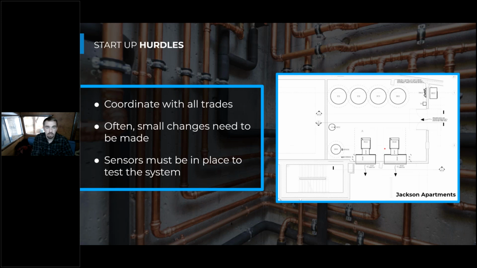So all of these different parties need to be in cooperation and have an open dialogue to make sure that scheduling is going well and that every part of this system actually has somebody that knows that they're taking care of it.